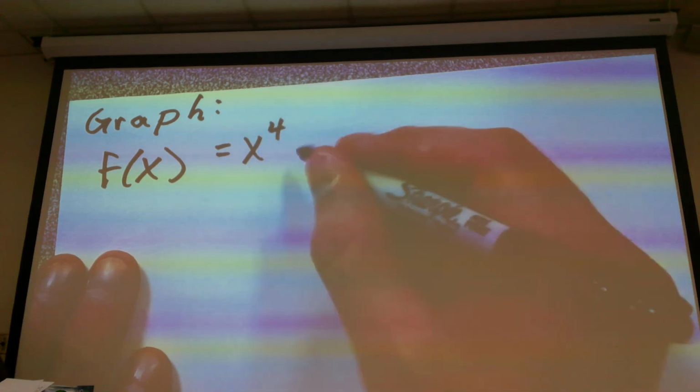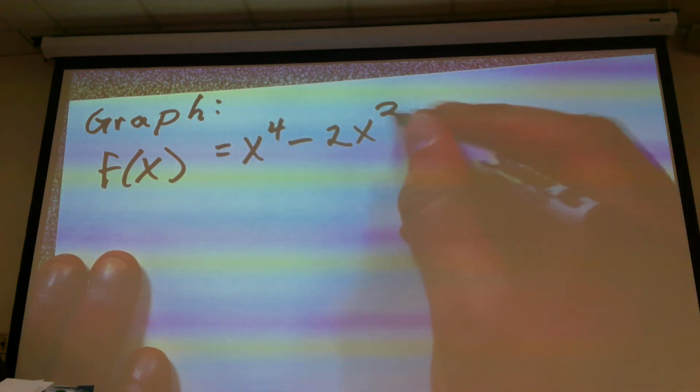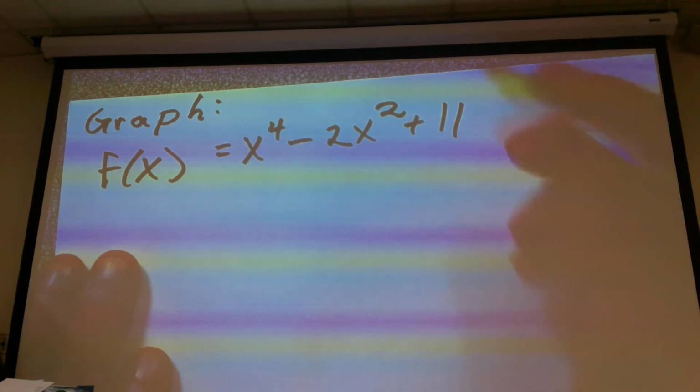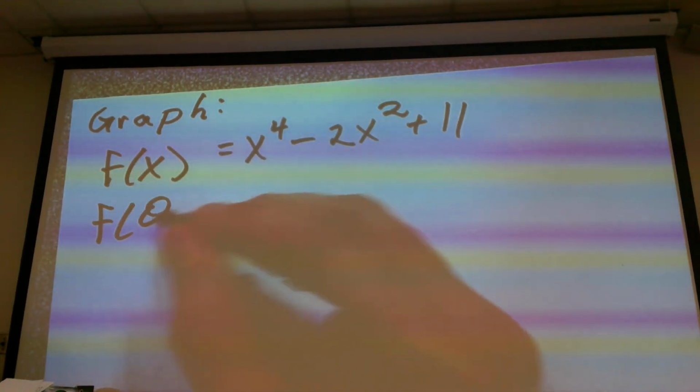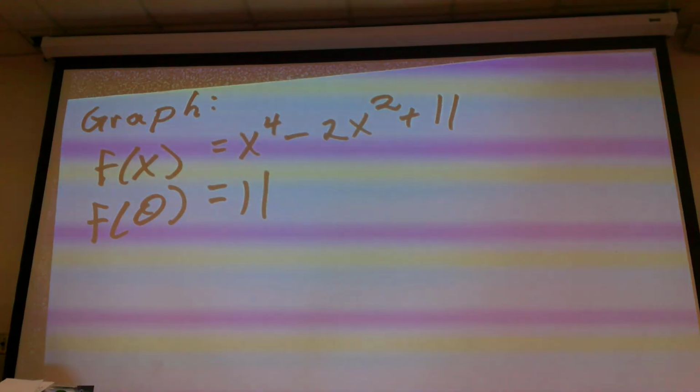All right. So at that point, we can say, let's graph this thing. So remember, whenever you go to the graphing, go back to your original function. f of 0 is kind of obvious, that one's 11.